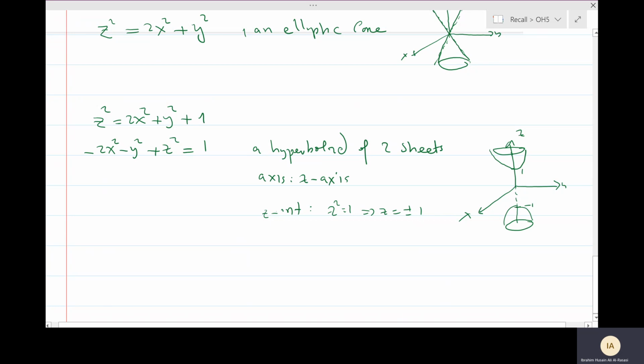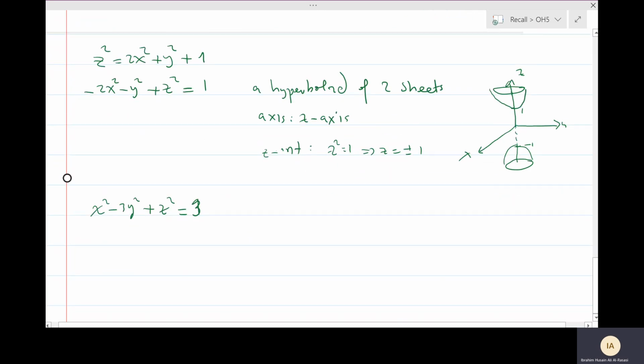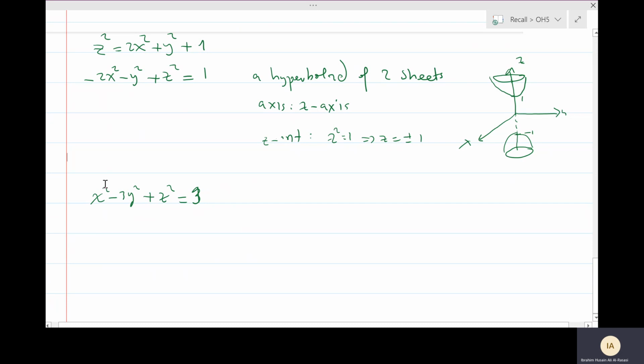Let me take a third one: x squared minus 3y squared plus z squared equals 3. What is the graph of this one? You have a 3 here, but whether it is 3 or 1 is the same thing, because at the end you need the general graph.